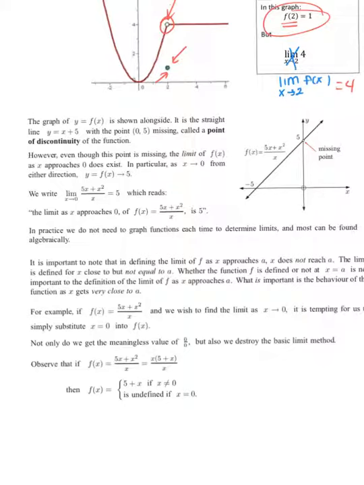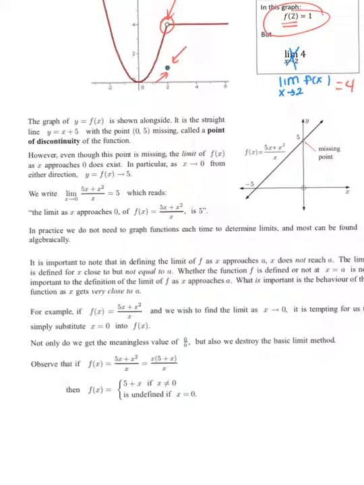When it's not continuous, we can't use direct substitution to find our limit. However, even though this point is missing, the limit of f of x as x approaches 0 still exists. In particular, as x approaches 0 from either direction, you still get a limit of 5.